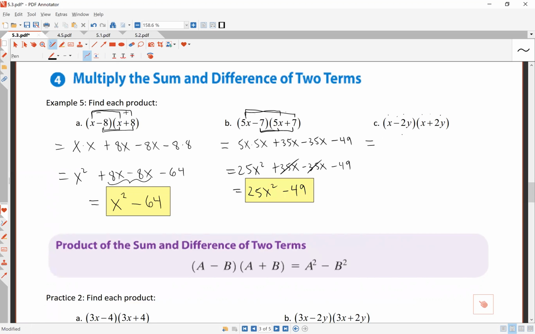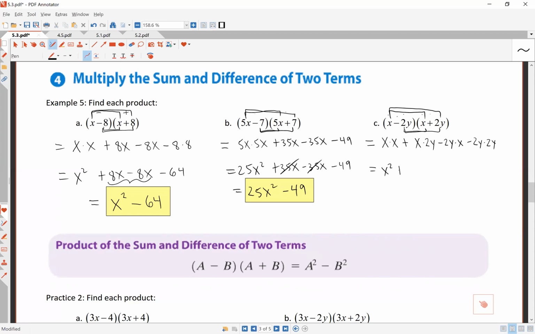x minus 2y times x plus 2y. We take the product of the first two terms, x times x, which is x squared. We take the outside terms, which is x times 2y. The inside terms, which is negative 2y times x. The last terms are negative 2y times 2y.